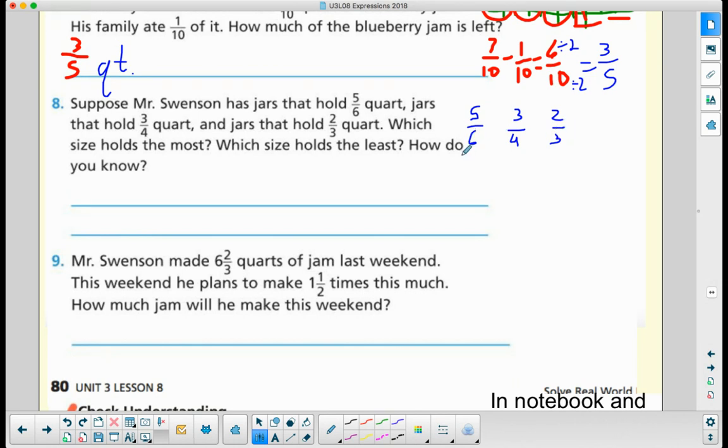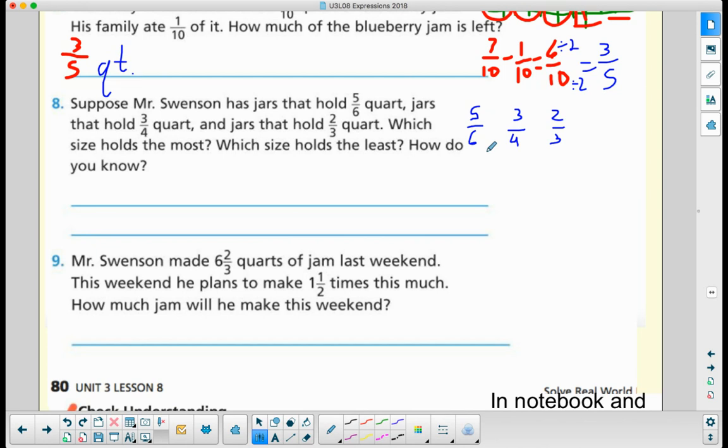So sixths are smaller than fourths. Fourths are smaller than thirds, and thirds are the largest ones. So 5/6 is 1/6 from being a whole.